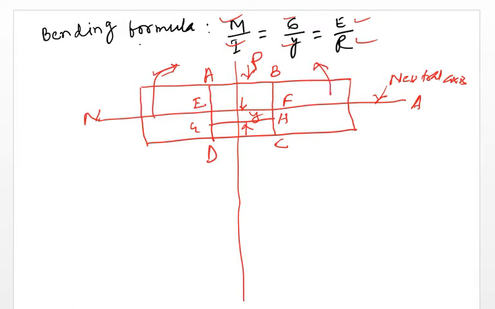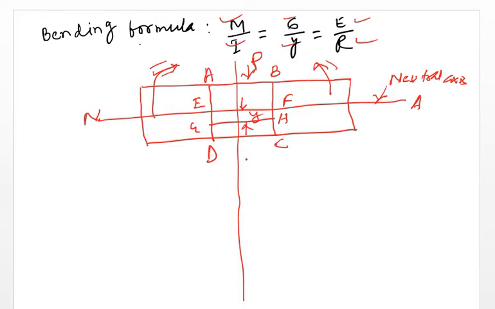The body will try to maintain equilibrium. If we apply a force P downward, then the body will try to rotate in this and this direction to maintain the equilibrium.